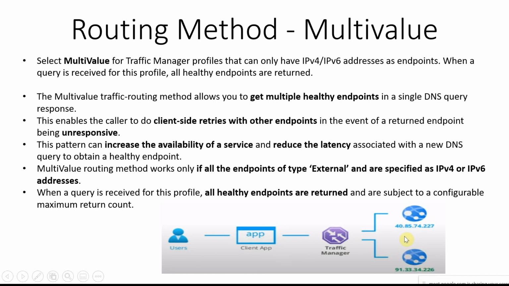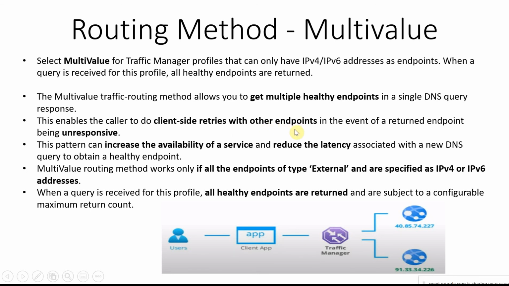But whichever is healthy, if this IP is healthy, it will return that. This multi-value traffic routing allows you to get multiple healthy endpoints in a single DNS response, and primarily this will enable the caller to do client-side retries with other endpoints.